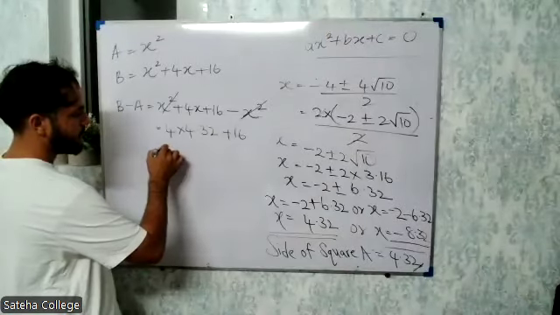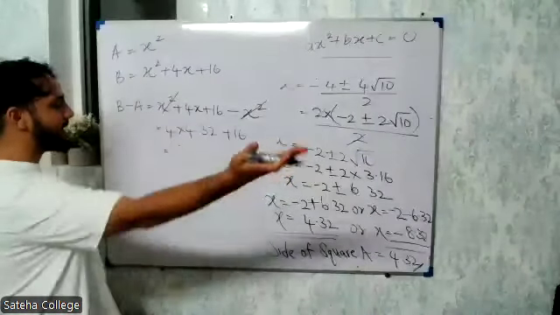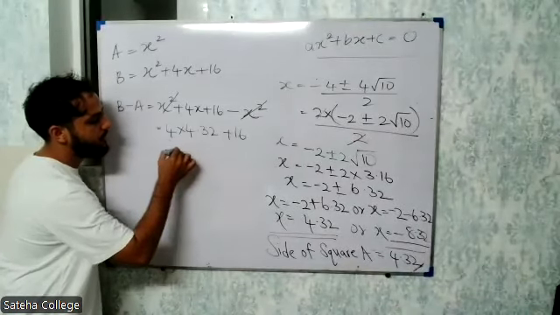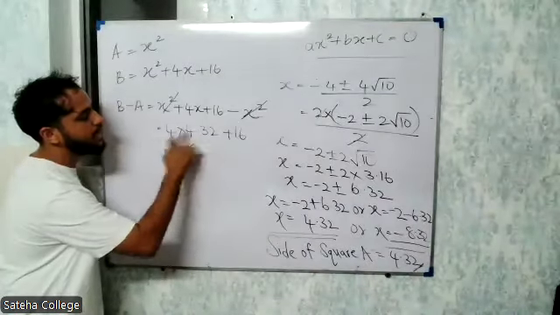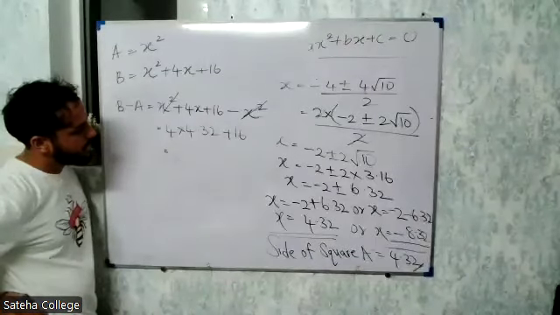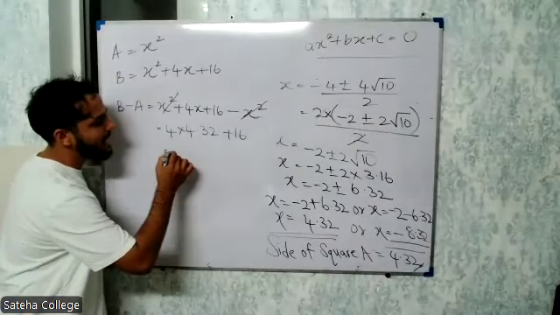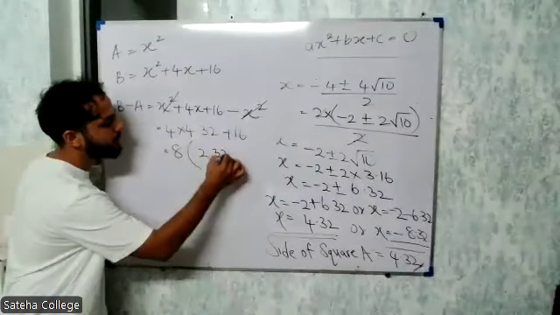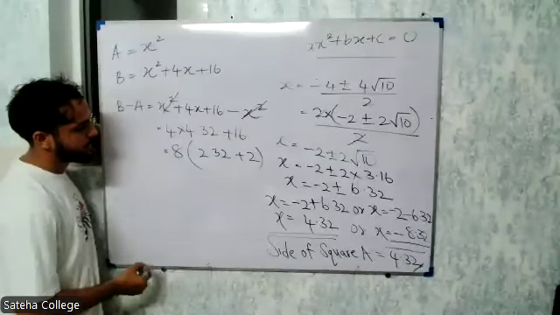If you take 4 as common, we can take 8 as common, right? If you take 8 as common here, you will have 2.32 plus 2, right? Is it correct?